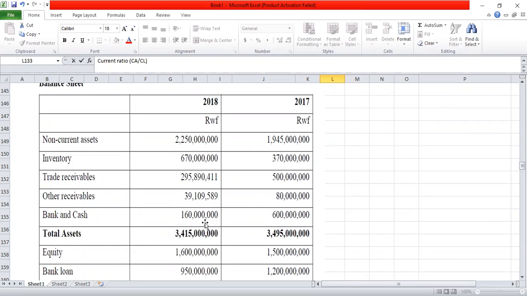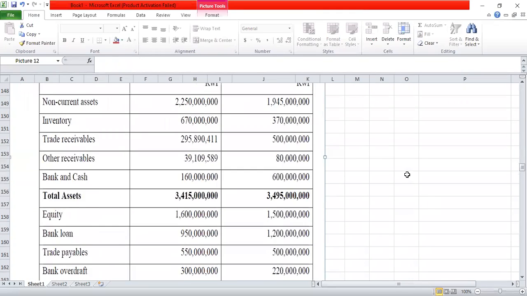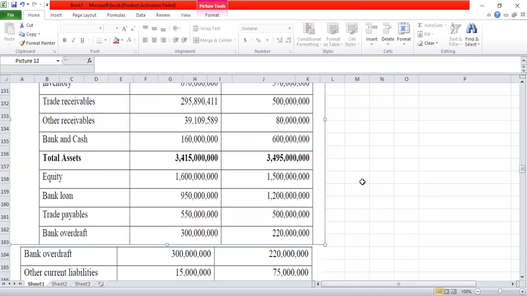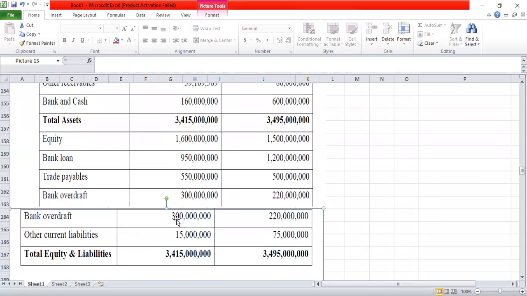Getting these totals can take us time. But there is an increase in overdraft by a certain percentage.